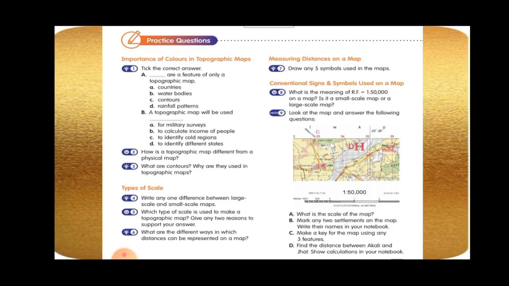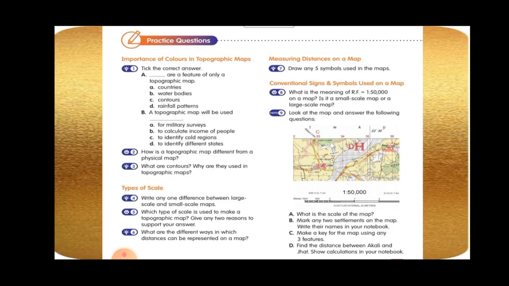Now, question number 6 is, what are the different ways in which distances can be represented on a map? The distances can be represented as verbal scales: 1 centimeter on the map is 5 kilometer on the ground.